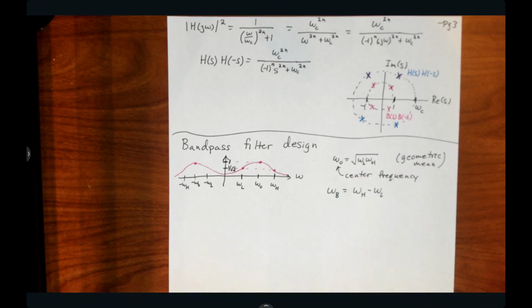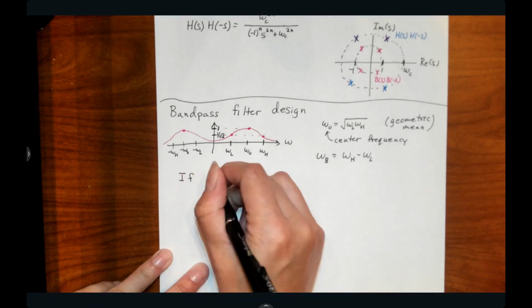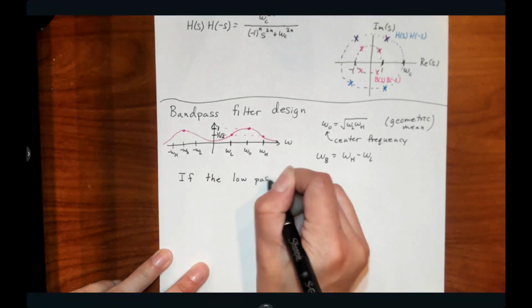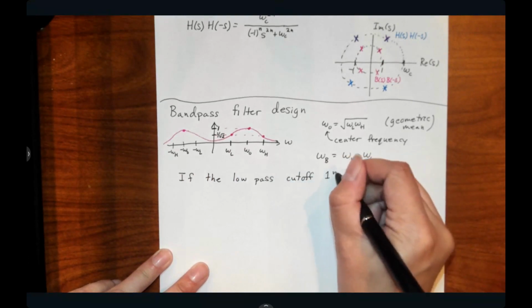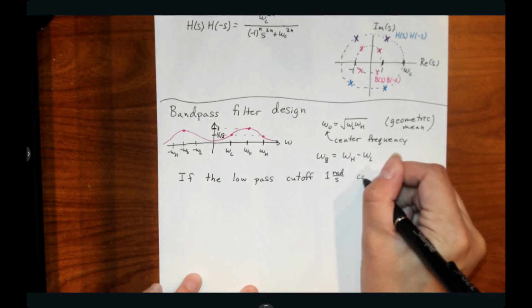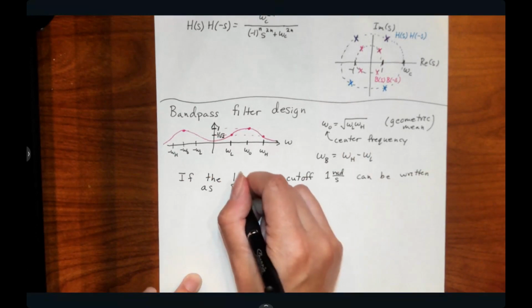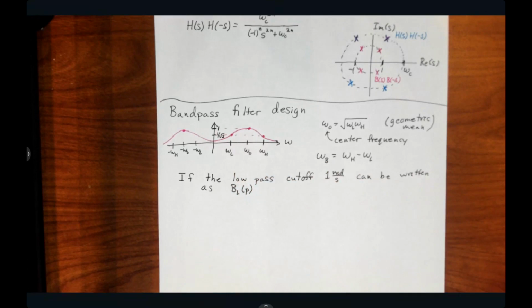So I'm going to first say that if we have a low pass cutoff of 1 radian per second, I'm going to write our low pass filter as B sub L, and instead of S, I'm going to put P for now, just to make it a little bit clearer when I say what we're substituting in.